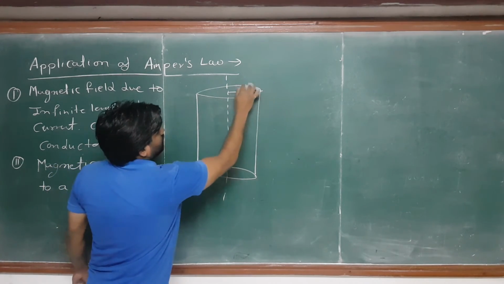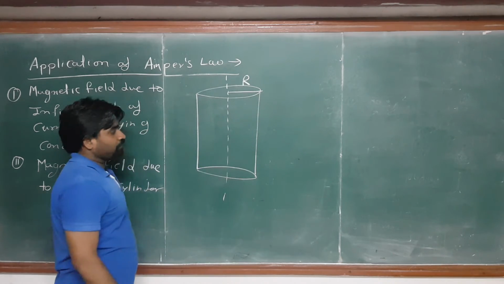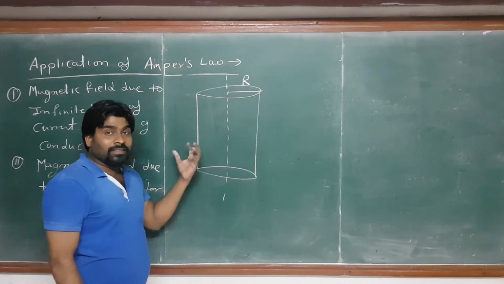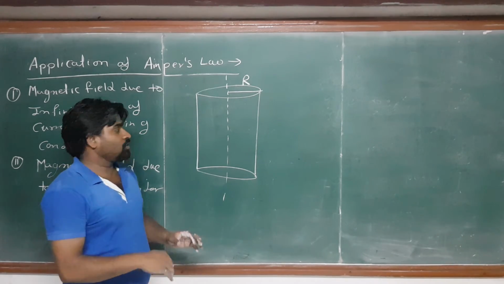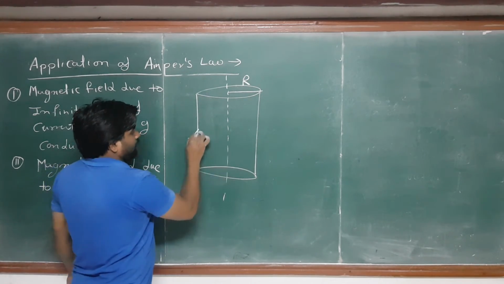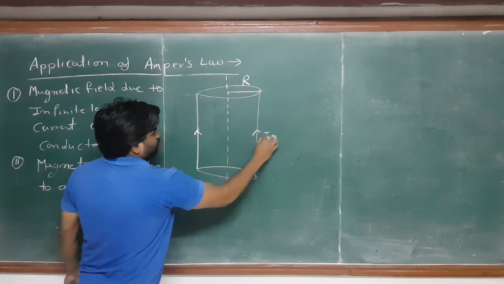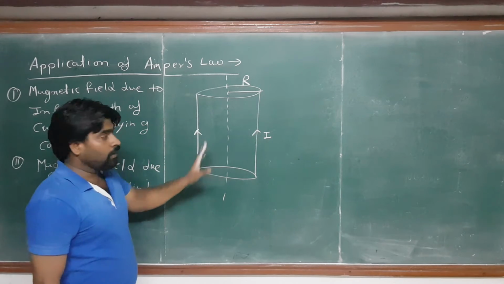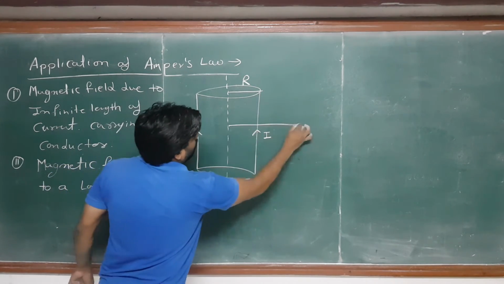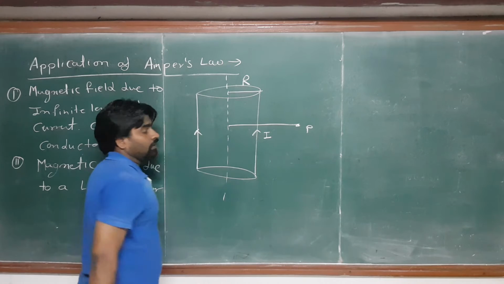The radius of the cylinder is capital R. This cylinder can be solid or hollow, made up of metal sheet, and the current is passing over its surface. Let's suppose the point P is outside the cylinder.